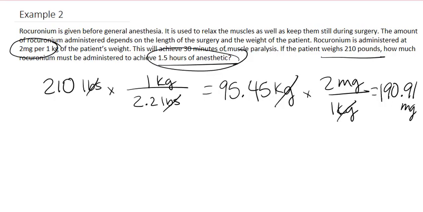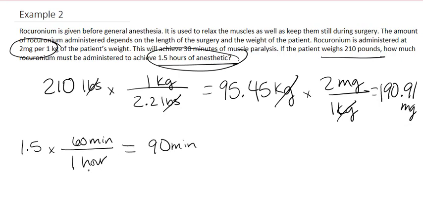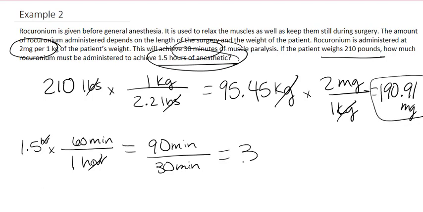Now we need 1.5 hours of anesthetic. So 1 hour is equal to 60 minutes. So 1.5 times 60 is 90 minutes. And now we know we need this a few times, because 90 minutes divided by 30 minutes, since that's how much anesthetic the dose covers, equals 3.